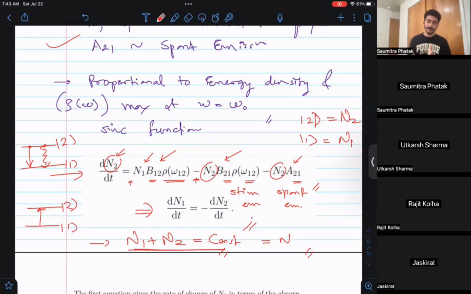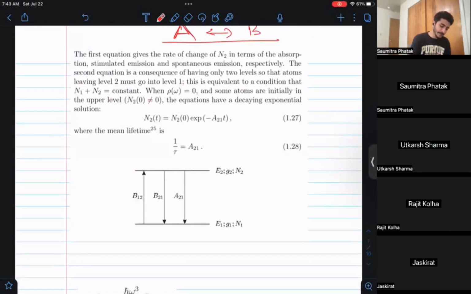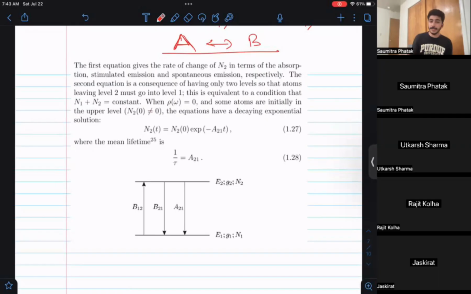Now the only question that remains is what is the relationship between A and B, right? So how will you relate A and B? How will you relate the stimulated process with the spontaneous process, or stimulated emission and absorption with the spontaneous emission? So how are the A and B coefficients related? Einstein made a clever argument here, saying that A and B coefficients have to be related.